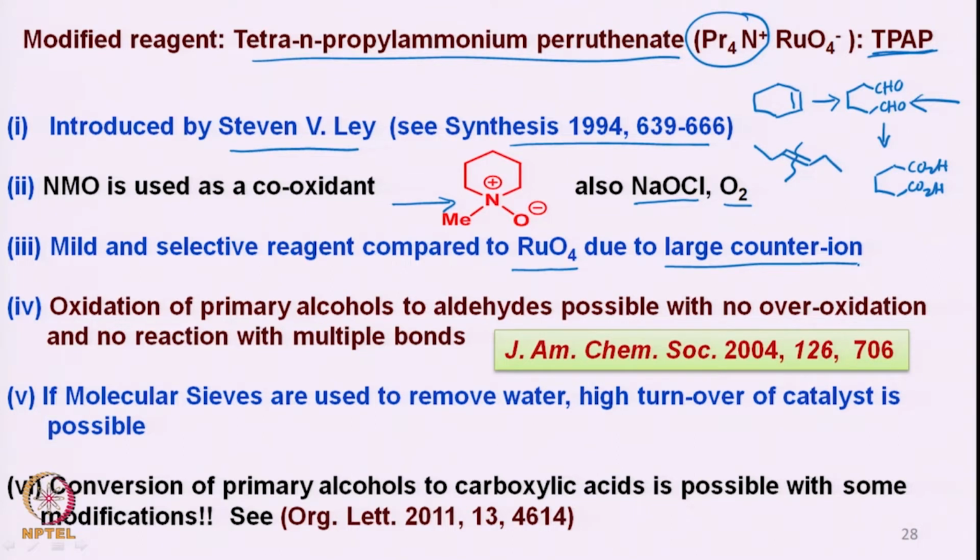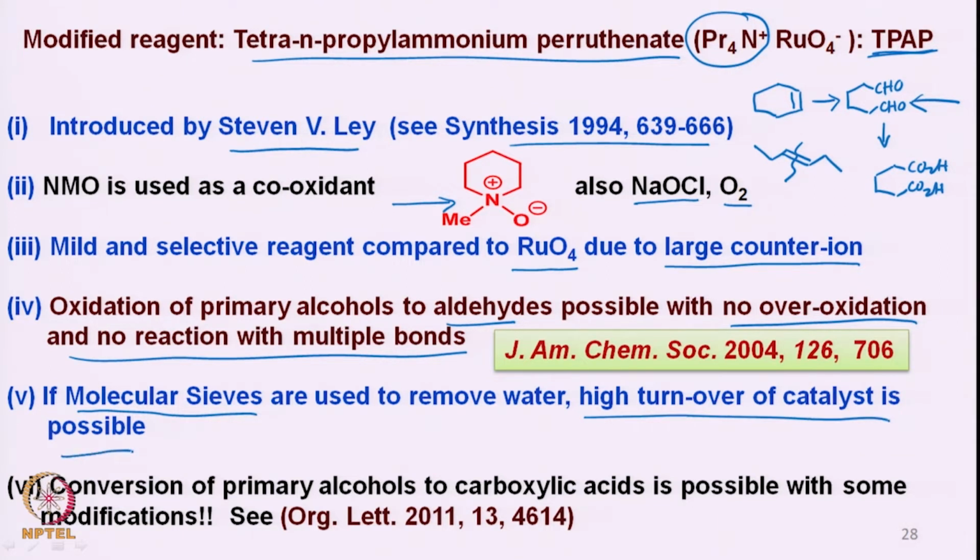So, using this, alcohols can be converted to the corresponding aldehydes with no over oxidation or no reaction with multiple bonds. In this case, it was found that if molecular sieves are used, which are nothing but aluminosilicates, as they absorb water, to remove water, high turnover of the catalyst is possible.